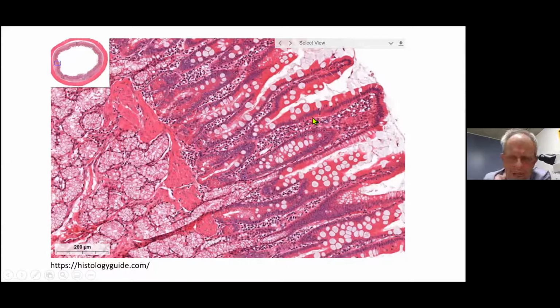Now, the other thing is that the textbooks always talk about properly orientated biopsies. And our experience, as I'm sure everybody else's, is that it's seldom that actually happens. It requires that orientation happen at the time of endoscopy. The biopsy should be orientated properly onto a piece of paper so that it sticks to the paper, and then it should be processed and embedded like that, still on the piece of paper, so that you get proper orientation.